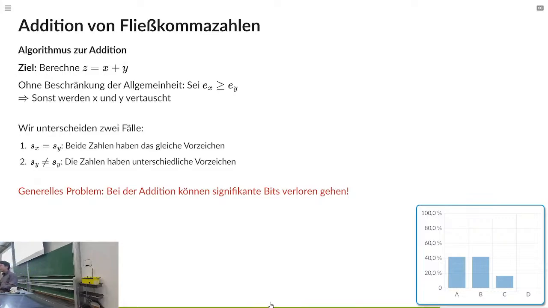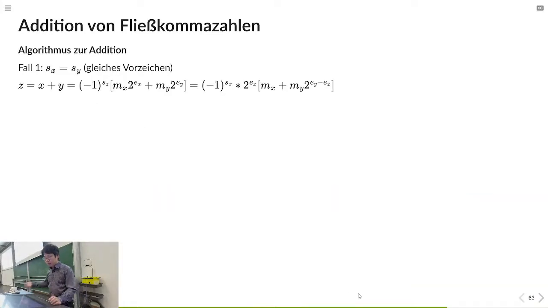Wenn sx gleich sy ist, dann haben wir unseren Algorithmus schon besprochen. Wenn sx nicht gleich sy, bedeutet das eine Subtraktion. Für diese Subtraktion können wir auch über ganze Zahlen gucken. Okay, gut. So, wir gucken mal, was der Algorithmus zur Addition ist.